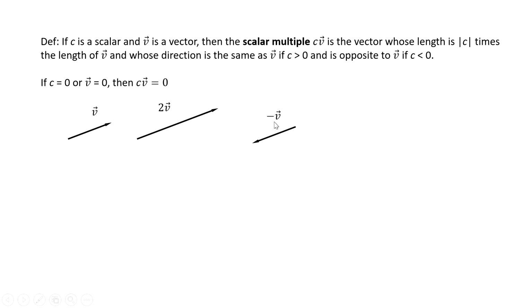In our case, negative 1 is less than 0, and that's why it's pointing in the direction opposite of vector V. Cool? So basically we are applying the definition, and that's something I wish for you to learn. Apply definitions to figure things out.